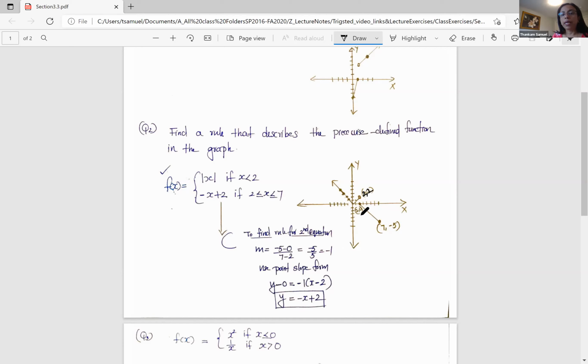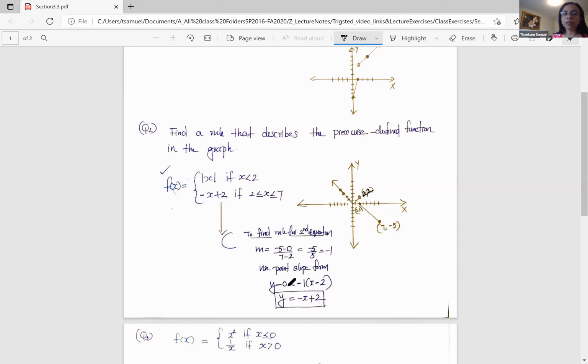Then we can take one of these points and use the slope to find the equation of the line using the point slope form. So you all know the point slope form, that is y minus y1 equals m times x minus x1. So instead of x1, y1, we can consider 2 and 0.